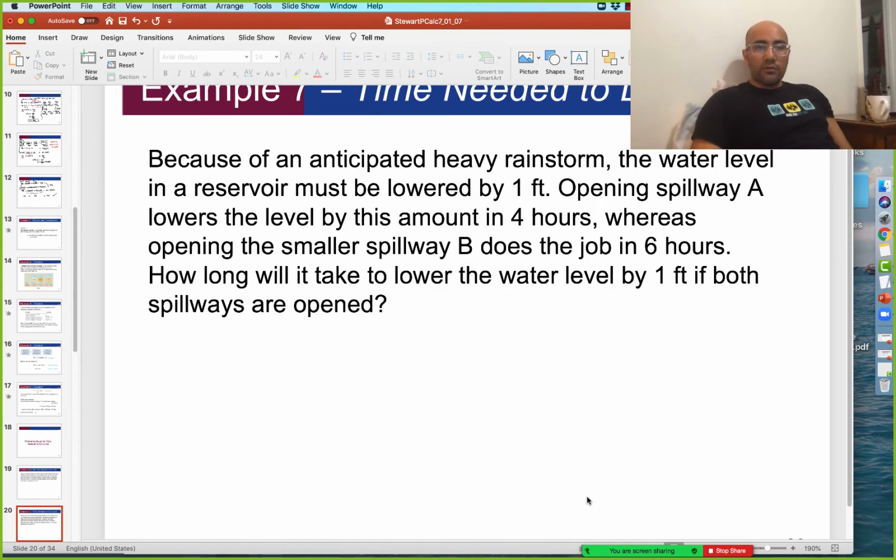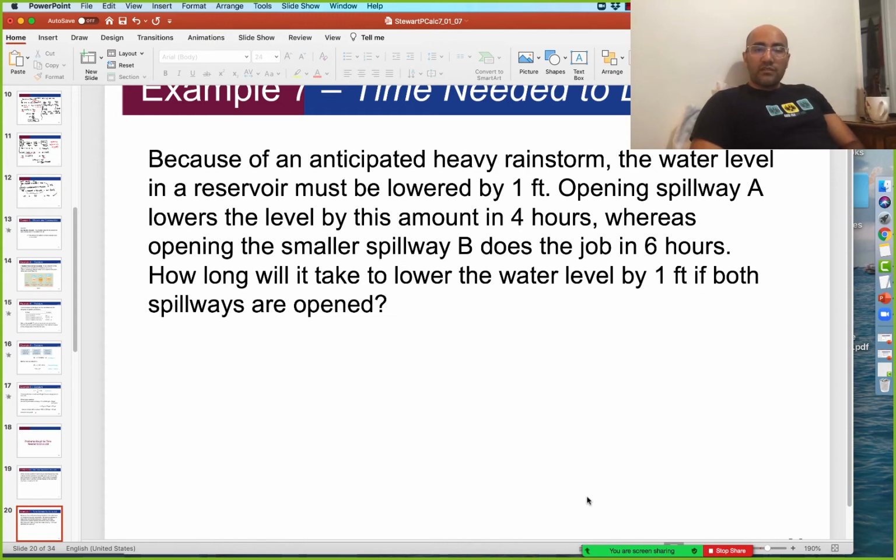Good. For example, because of an anticipated heavy rainstorm, the water level in a reservoir must be lowered by 1 foot. Well, okay, it's a poor choice of numbers, I think. Opening spillway A lowers the level by this amount in 4 hours. So you just open a faucet somewhere and let some water out of this reservoir, and it can lower the water level by 1 foot in 4 hours.